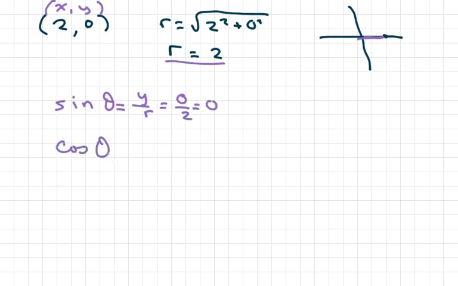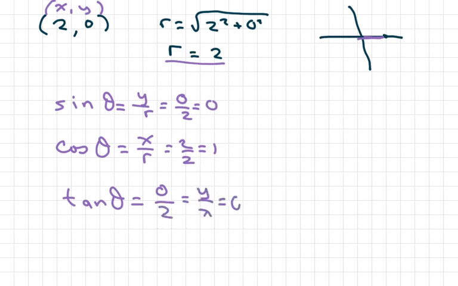Cosine of theta is x over r, which is 2 over 2, which equals 1. And then tan of theta is y over x, 0 over 2, and that equals 0.